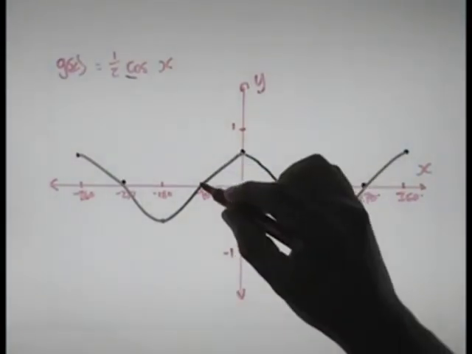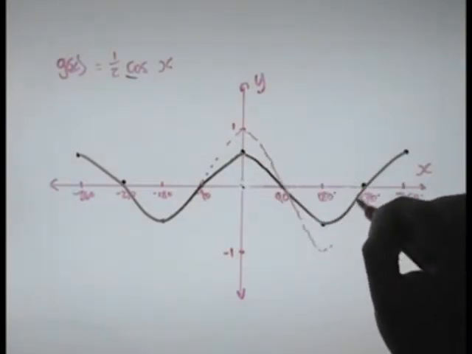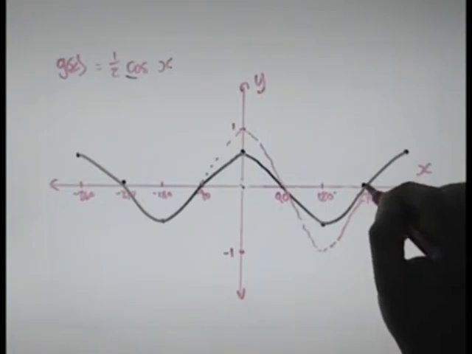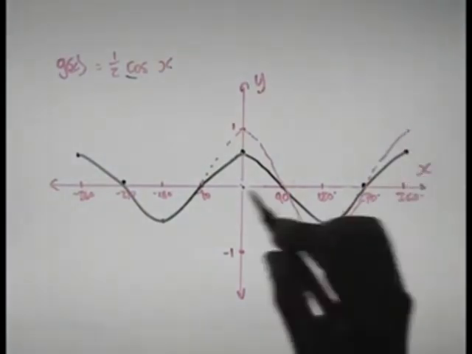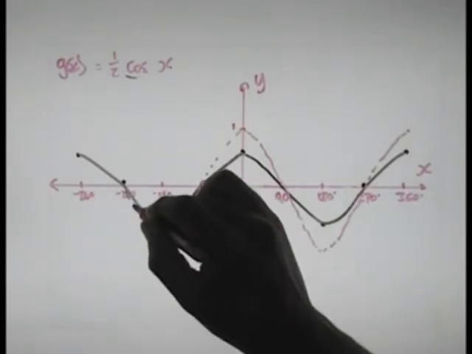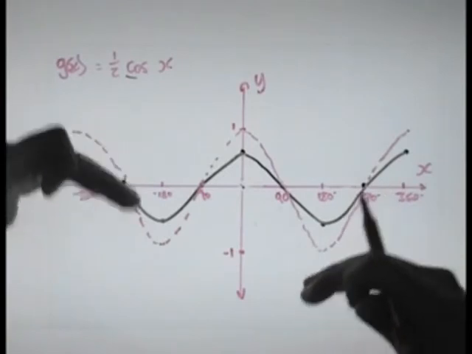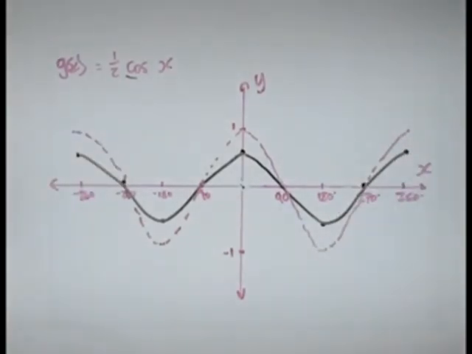The standard cos of x graph should have gone like that. Except now, because we have a half in front of it, all that's happened is each peak and each trough has been shifted inward. It still has the same 0 points. And that's the graph g of x.